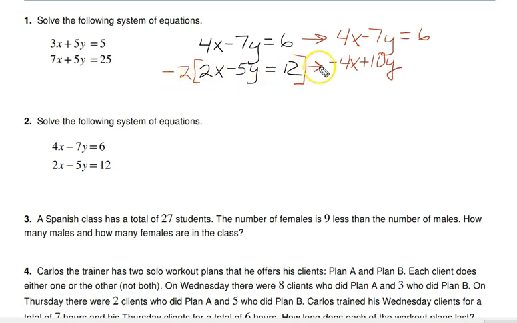And -2 times 12 is a negative 24. And you should always check your work. Okay, that looks good. Now I can add these up. I cross those out. This just is a 0 here. This will be a 3y. And this is going to be a negative 18.